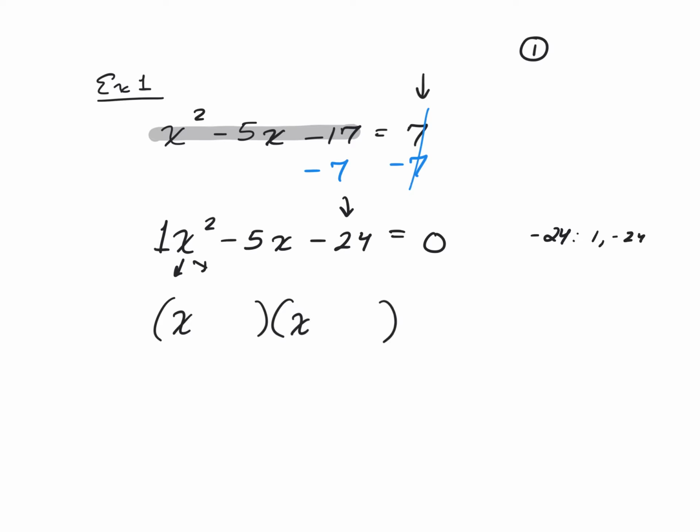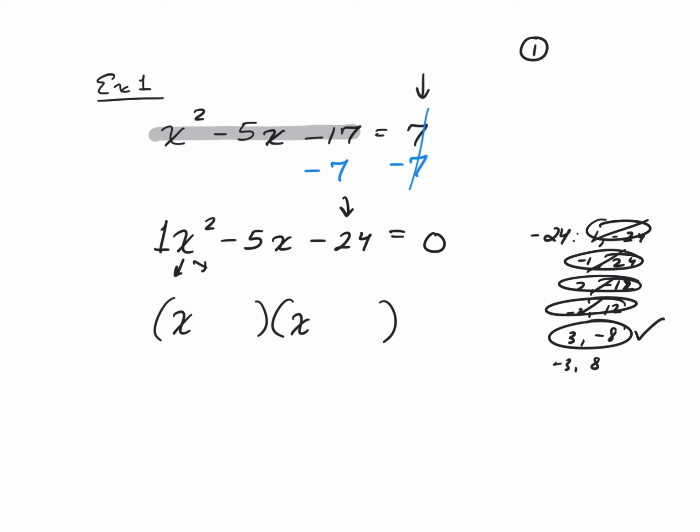So 1 times negative 24, negative 1 times 24, 2 times negative 12, negative 2 times 12, 3 times negative 8, negative 3 times 8. I think that's all; well, there's 4 times 6, but I already know the answer is in one of these, so I'm going to stop here. The first ones don't make negative 5, not negative 5, not negative 5. There we go, there's negative 5.